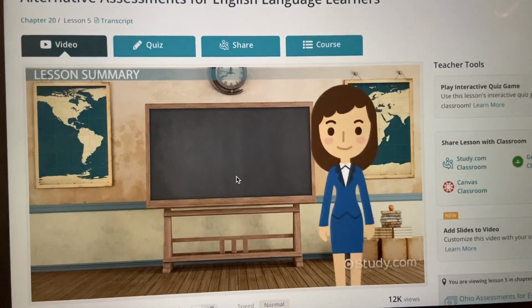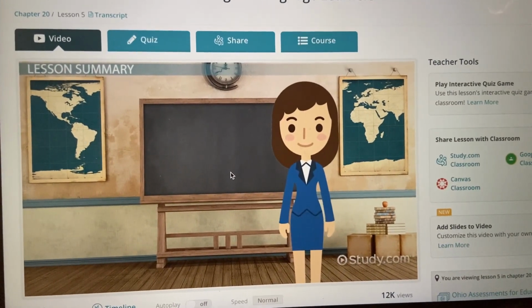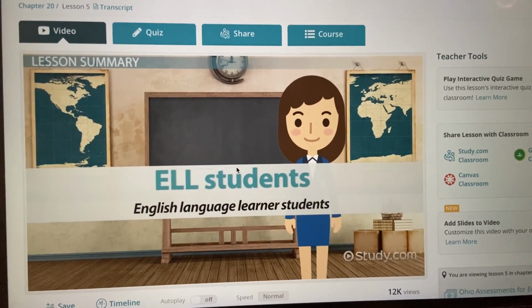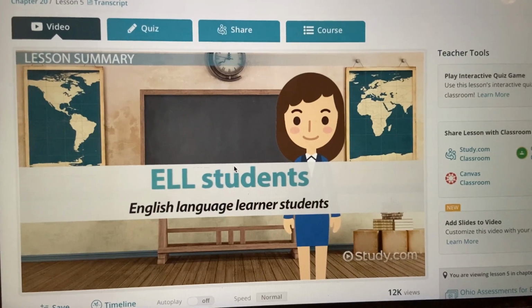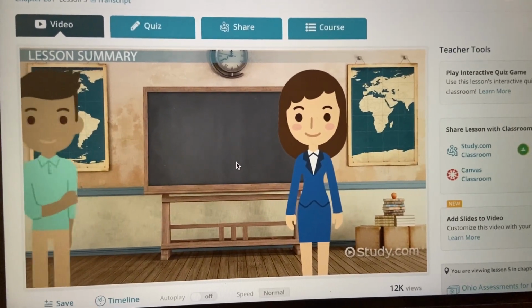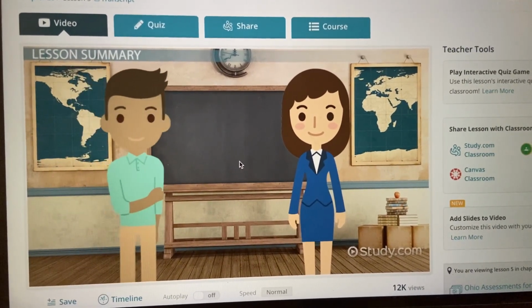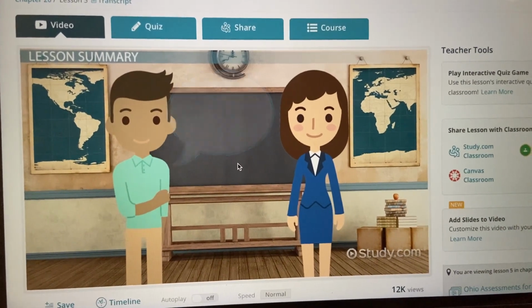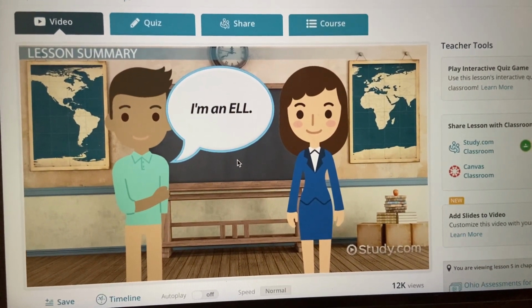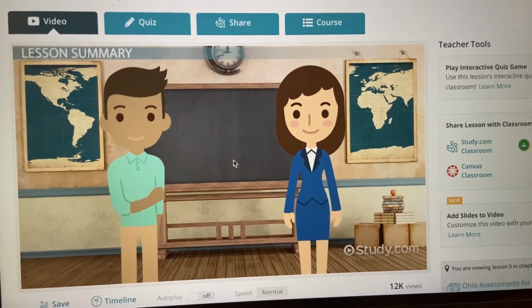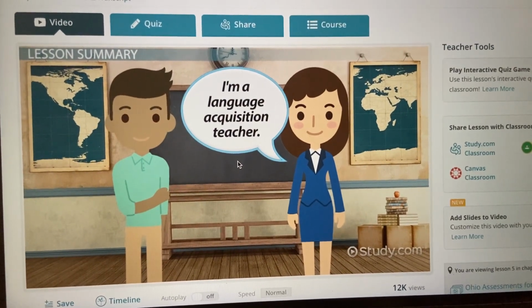Let's take a few moments to review what we've learned about alternative assessments for ELL students, or English language learner students. As a teacher, you probably already know how important it is to informally and formally assess students. Providing equitable access to education for your students means that sometimes you'll have to vary your assessment methods.